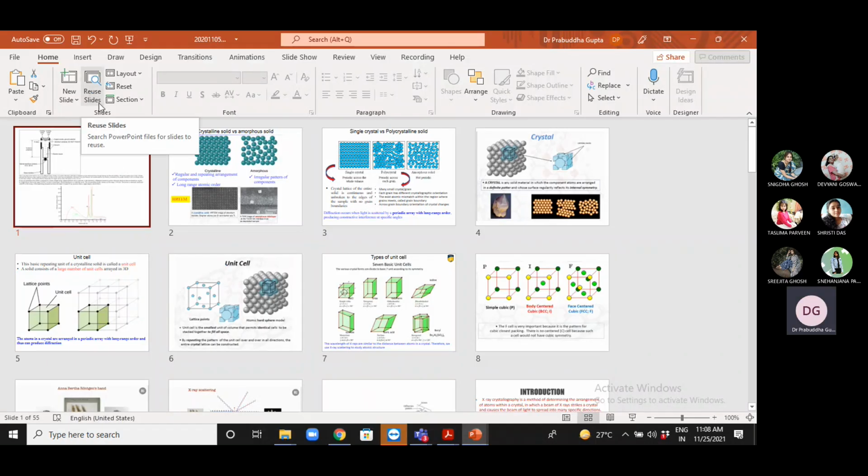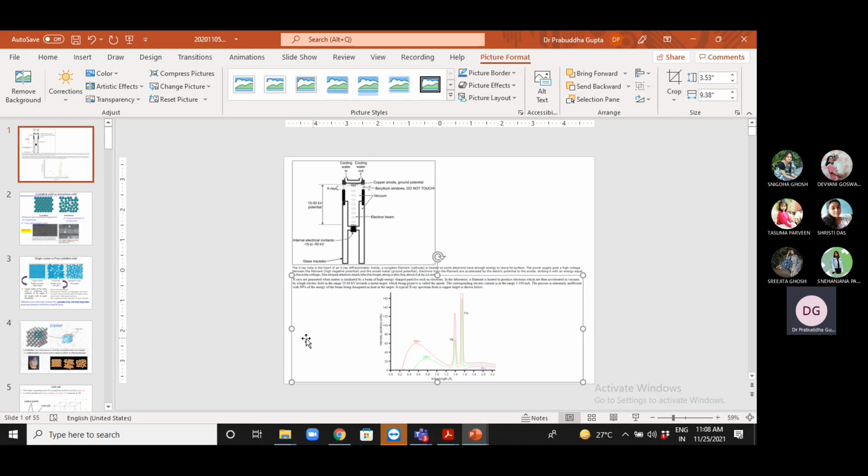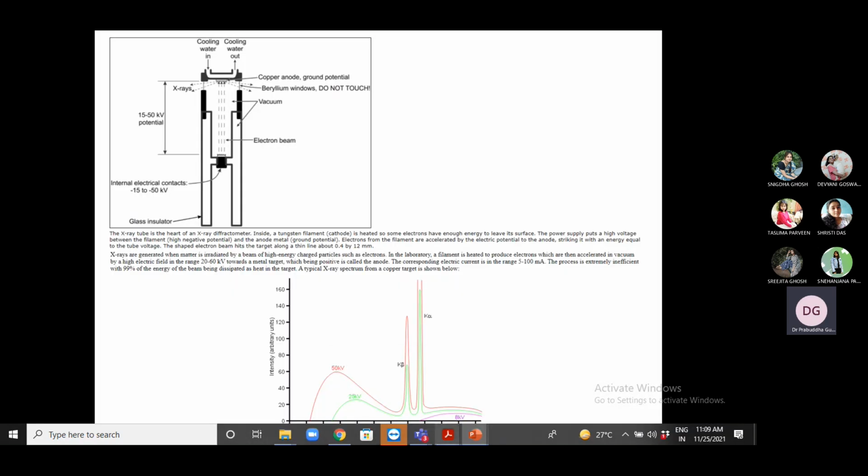If I go to slideshow mode here, sir, you can double click on the slide. No, the thing is that I don't want this bar because it's getting cut on the bottom. No problem, as it is. Let it be like this.